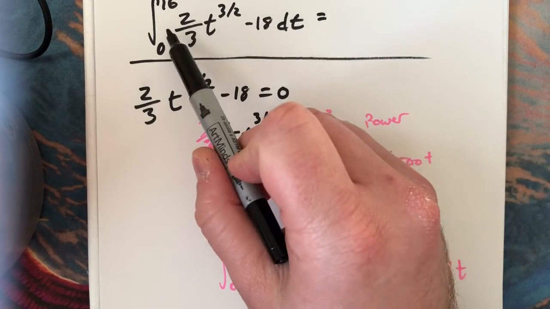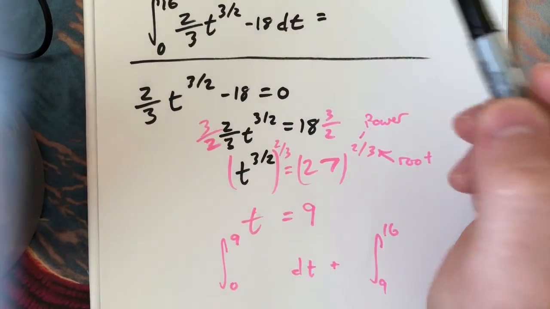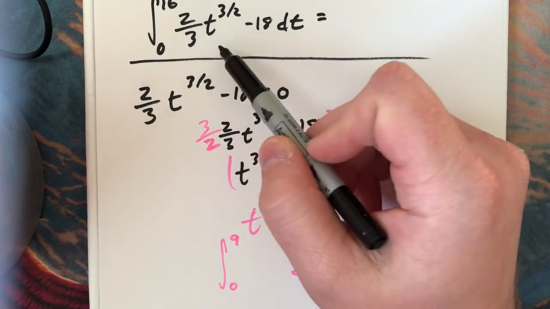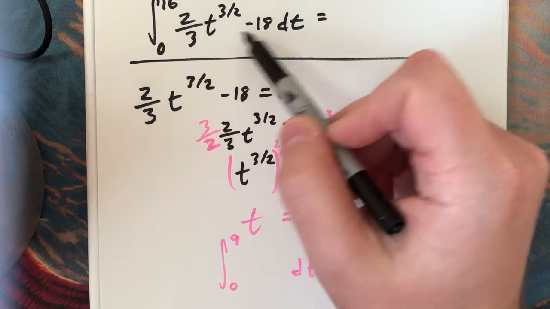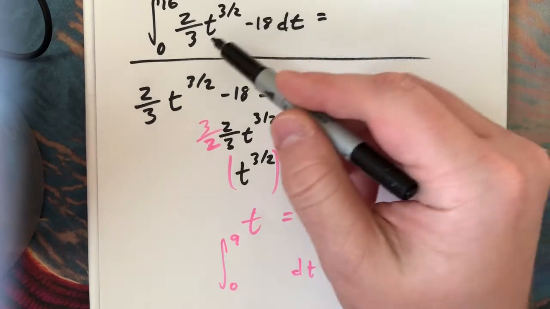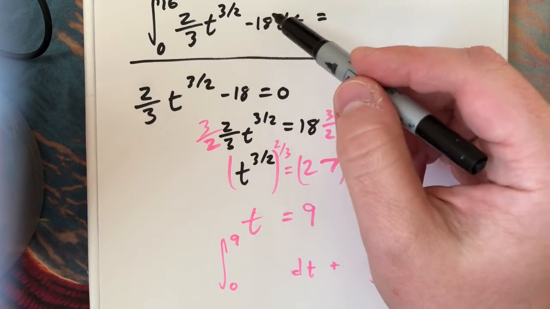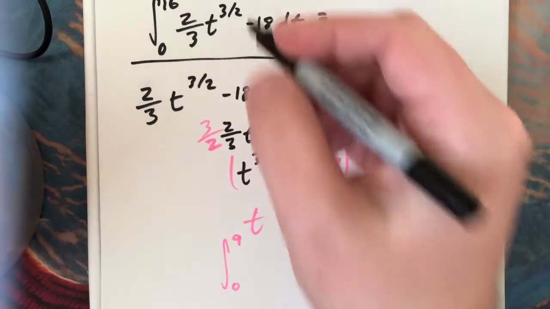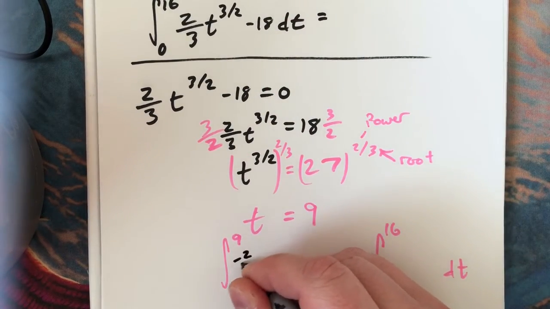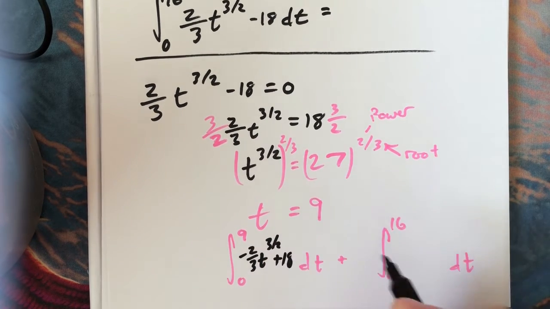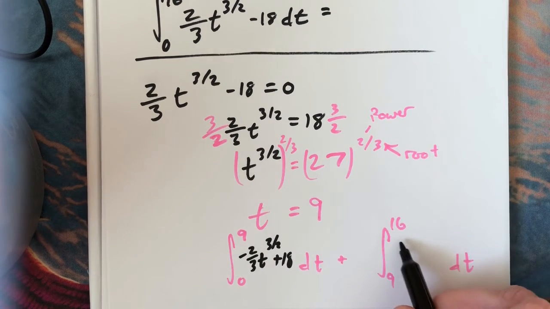It's either going to be this, or it's going to be opposite signs on everything. So let's think about from 0 to 9. If I plugged in 0, I get a negative. 9 is where we get 0, and then over 9, that's where we're going to start getting positives. So I know that from 0 to 9, I'm going to have the negative version of this. And then from 9 to 16, we're going to have the plain version of it.